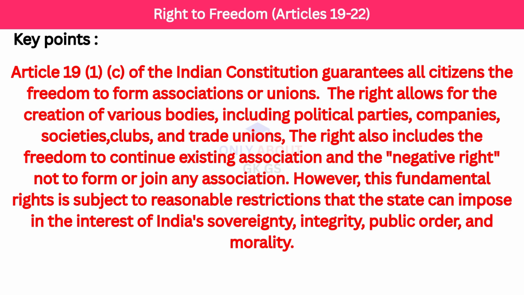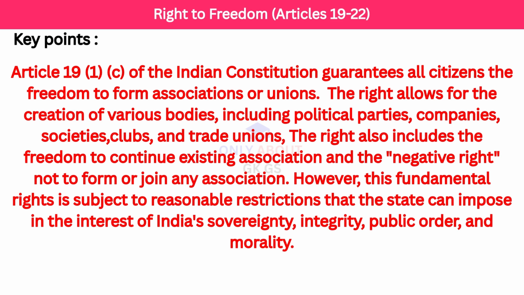Key points. Article 19 Clause 1c of the Indian Constitution guarantees all citizens the freedom to form associations or unions. The right allows for the creation of various bodies including political parties, companies, societies, clubs, and trade unions.